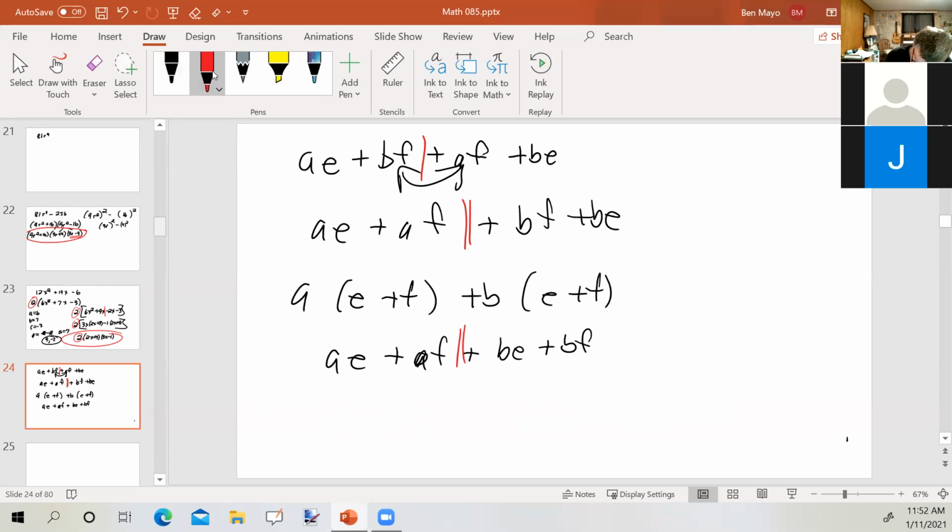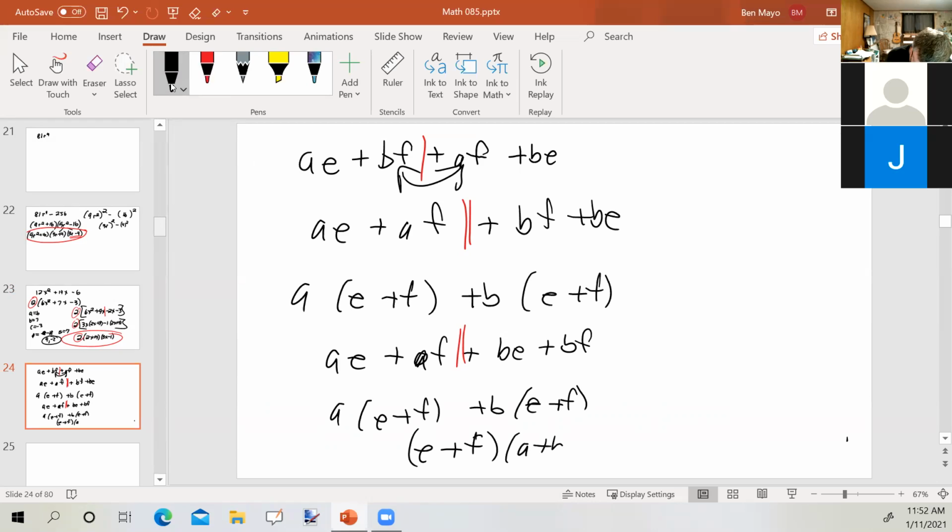When I do that, I get A times E plus F plus B times E plus F. So I get E plus F times A plus B. So sometimes you have to commute those terms around to get it to work out nicely for factoring by grouping.